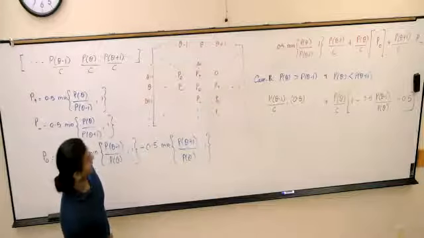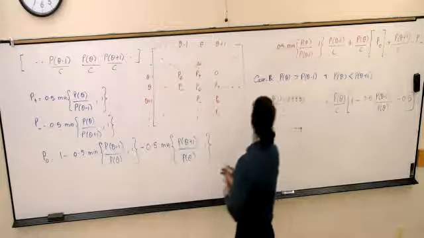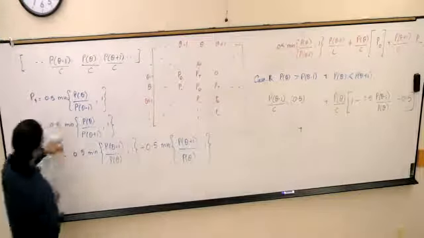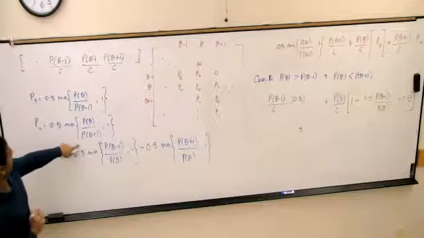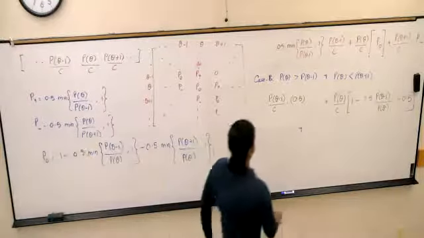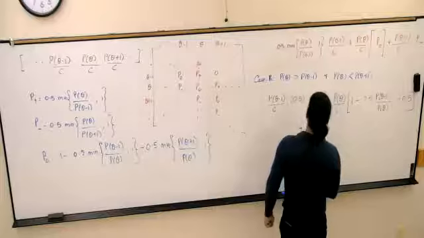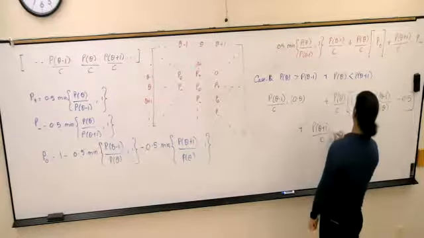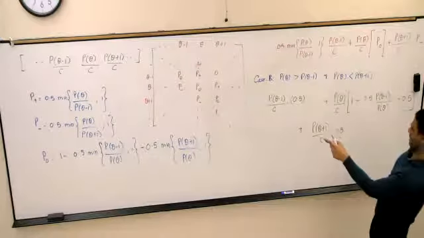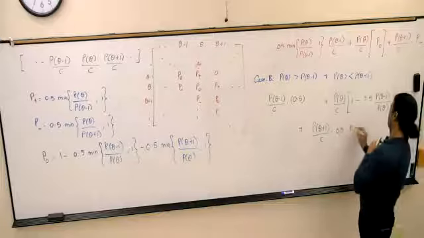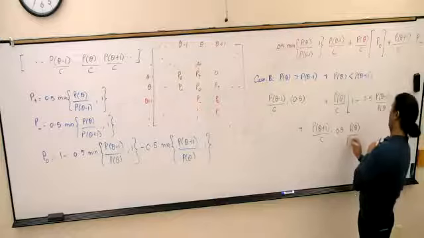Good. The last case, we have P of theta less than P of theta plus 1, so we'll have P of theta plus 1 over C multiplied by 0.5. That's correct. P of theta over P of theta plus 1.